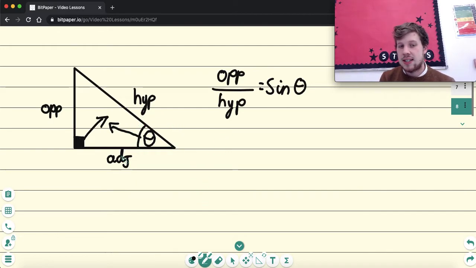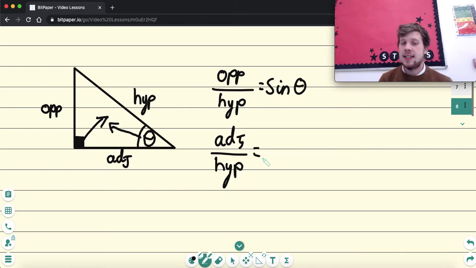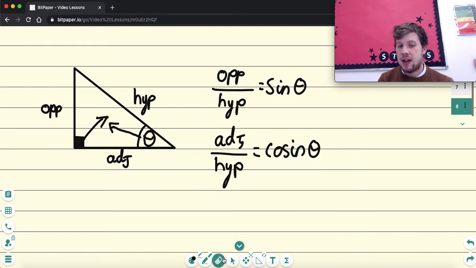Likewise, when we looked at the adjacent and the hypotenuse, when I divided these together, I ended up with a different ratio, and it was the cosine of theta. And typically we just simplify this to be cos for short, and that's how the calculator shows it as well.